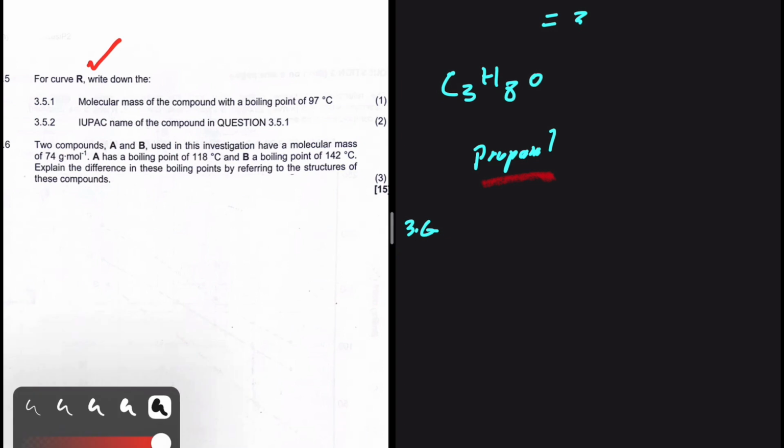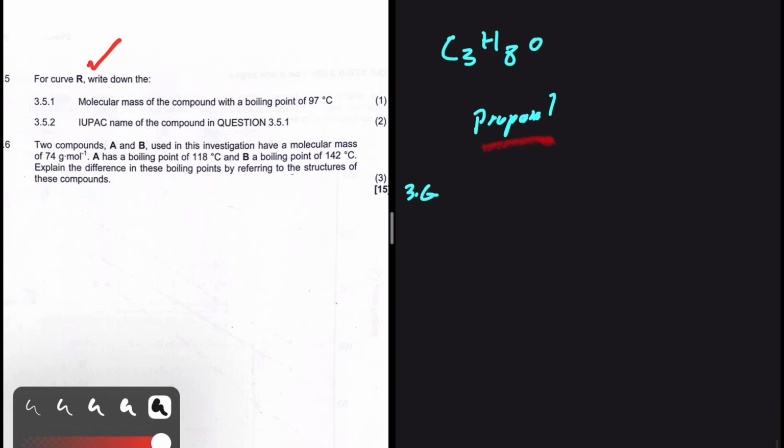Okay, so we're looking for two compounds. Let's focus on compound A. Compound A has a molecular mass of 74 grams per mole and a boiling point of 118 degrees Celsius. So let's identify what A is first.